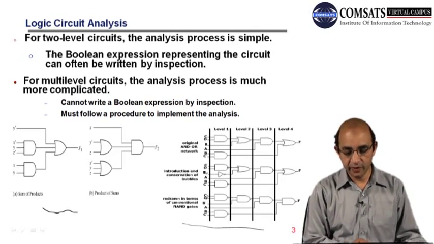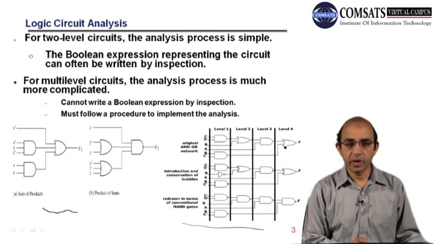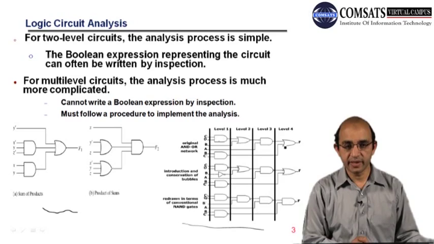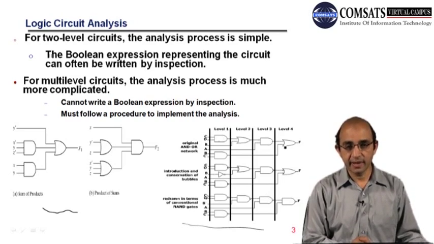You can see that we have 4 levels: level 1, level 2, level 3, and level 4. There are some other complications which we are not interested in at the moment, but we will be discussing those different complexities in multi-level circuit design at a later stage.